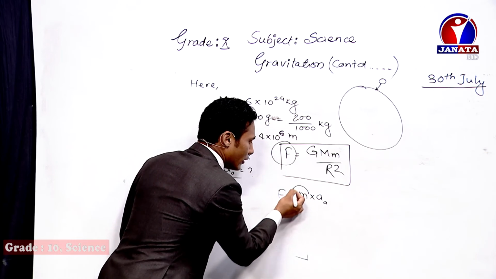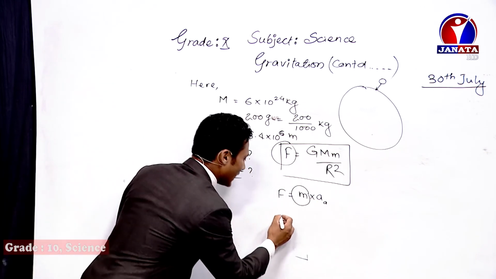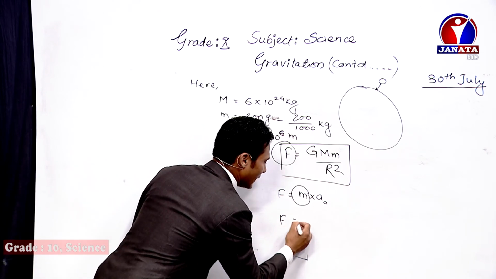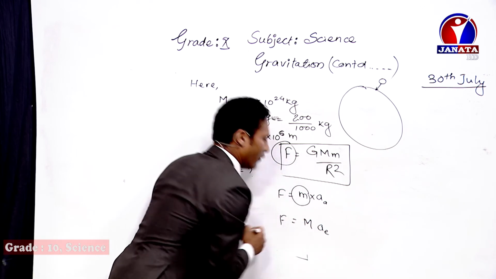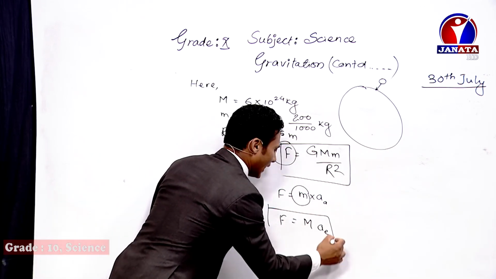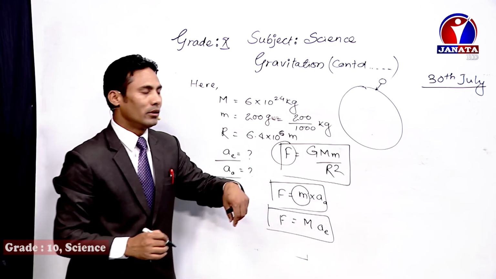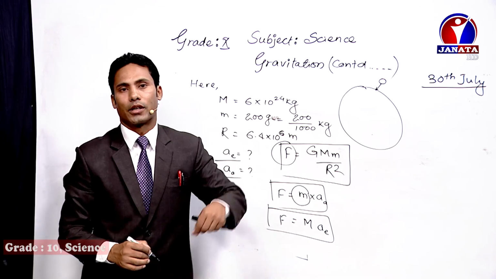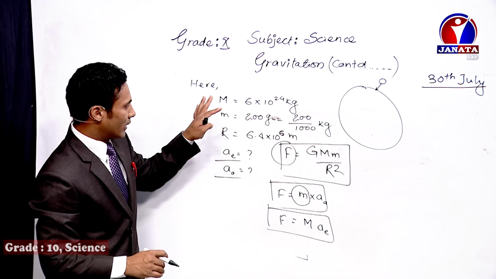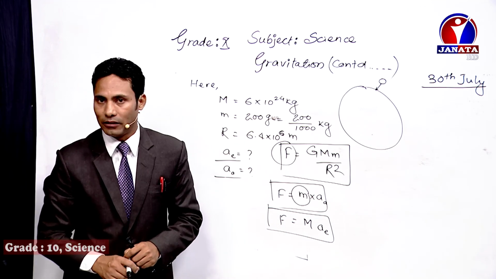So in this case, we write down the mass of the apple, and in the next case, the force will be the same, but we'll write down capital M into the acceleration of the Earth. So use this formula and try to find the acceleration of the apple towards the Earth and the acceleration of the Earth towards the apple. So I'm leaving this to you as a task to complete yourself, right?